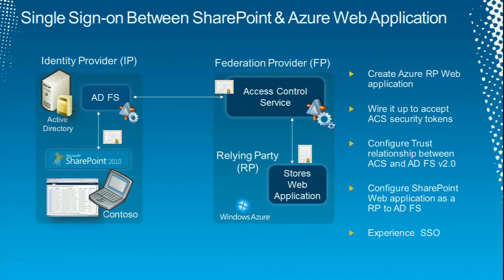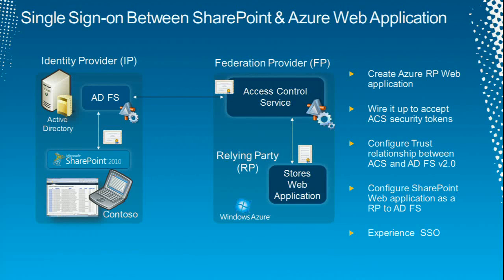So when we see these lines on here, what we really are seeing is the trust relationships between the different roles. The relying party trusts the Access Control Service to give it its tokens, and it trusts it because it has a certificate that the ACS service is going to sign its tokens with.